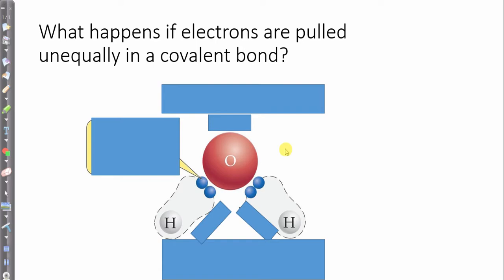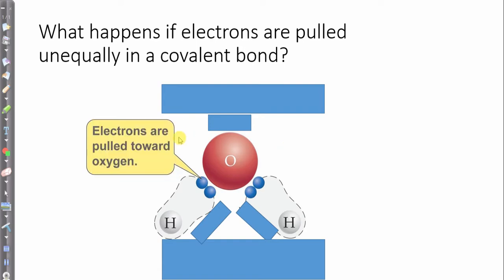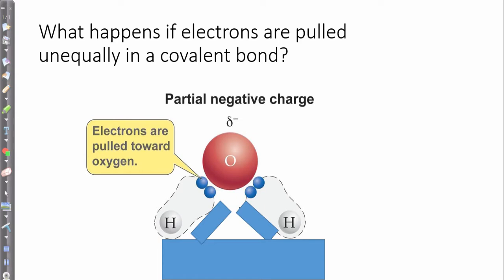It is more electronegative. So as electrons are being pulled toward oxygen, what kind of charge does oxygen take on if electrons are being pulled very close to it? Oxygen takes on a partially slight, small negative charge because it's got negative particles close to it. And we draw this delta minus to show it's slightly negative.